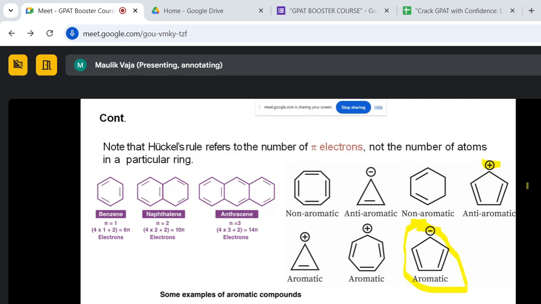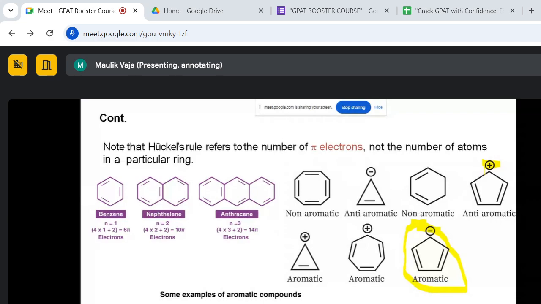Why? Because here it is aromatic and anti-aromatic because of this negative charge. There is a p orbital on this carbon. Okay, p orbital is there on this carbon. But in case of a compound having no charge, it will be like CH2 hanging outside the plane.